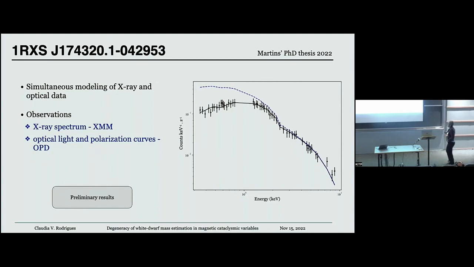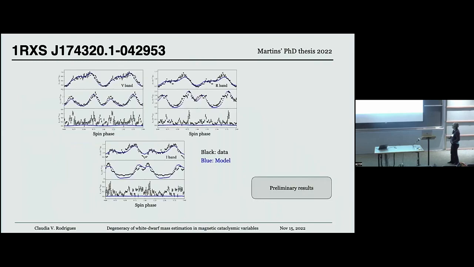We are finishing this work, and we have to check, but it seems that it's a very massive white dwarf, about 1.3 solar masses, and not only from this, but also from the polarimetry. If you use only 1 band, we have a degeneracy. But when you try to fit 3 bands, we have to have a massive white dwarf.